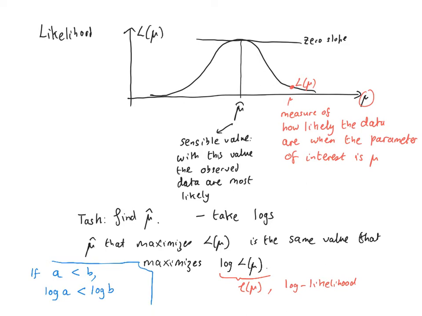So now we're going to get to work and use some algebraic manipulation and calculus to find an expression for this mu hat. That's the value at which the likelihood function L and the log likelihood function little l are both maximized. So we've established before that little l is the log of the likelihood function, and we're now going to work out what that is.